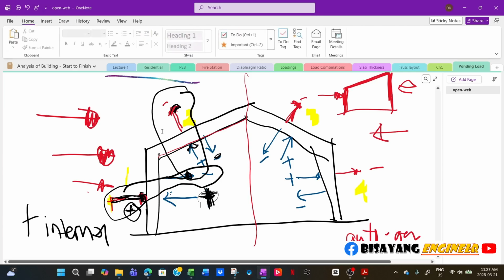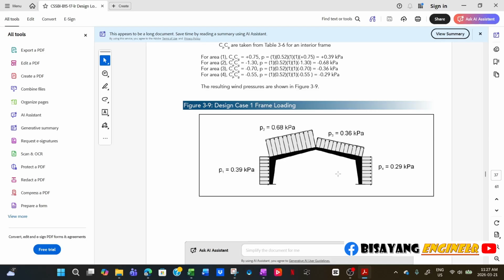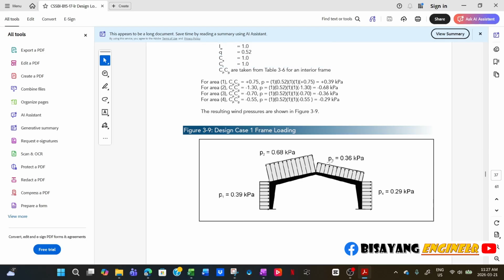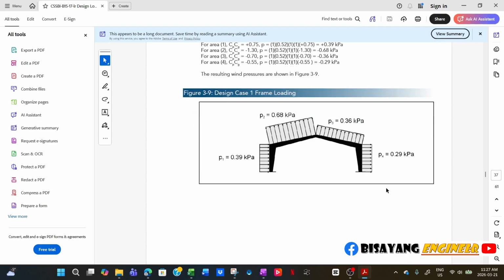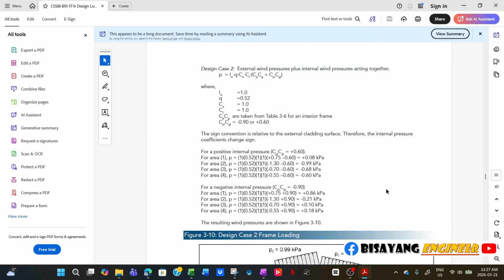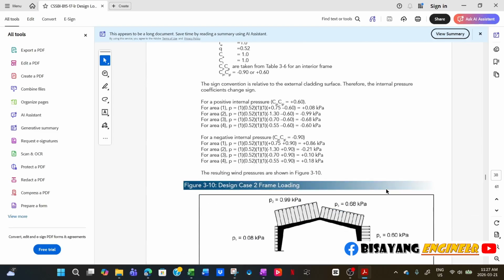So in this design guide, it's probably 0.36, 0.68, 0.39 positive. Design conventions, select design cladding surface pressure.